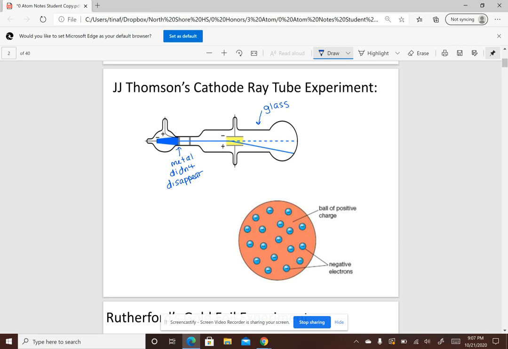Because the metal never got smaller, he was able to assume that the particles in that beam of radiation were actually smaller than atoms. If atoms were leaving, the metal would get smaller. But that didn't happen. So the particles in that radiation are smaller than atoms.